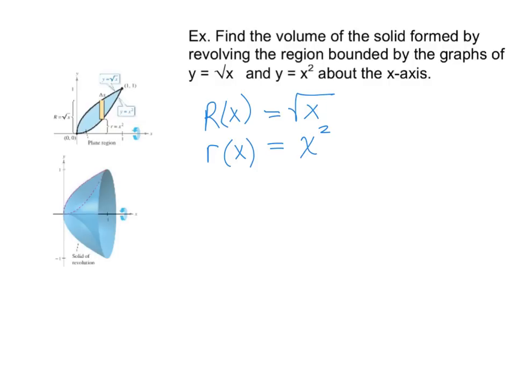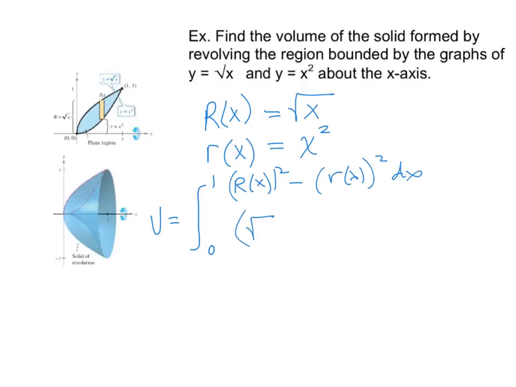So we can set up the volume, and it will be equal to the integral from 0 to 1 of the big R squared minus the little r squared dx. That would be square root of x squared minus x squared squared dx.